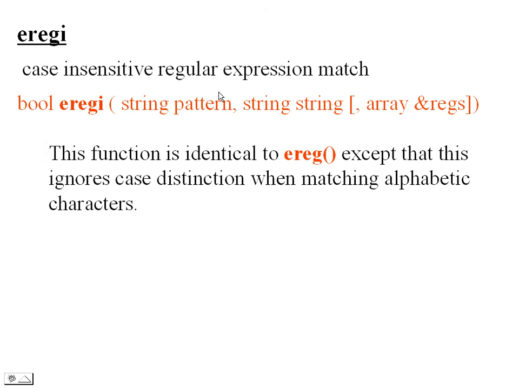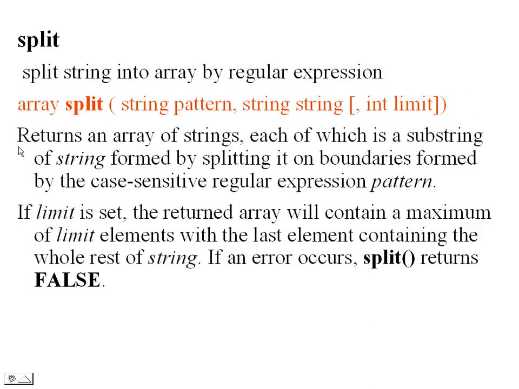Next, let us have another function, which is eregi. This also works identical to ereg, except that this ignores case distinction when matching alphabetical characters. The next function is split. This function splits the string into an array by regular expression. This expects the pattern, the original string, and the limit.